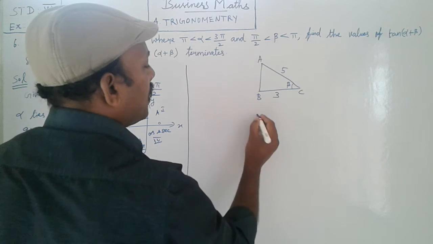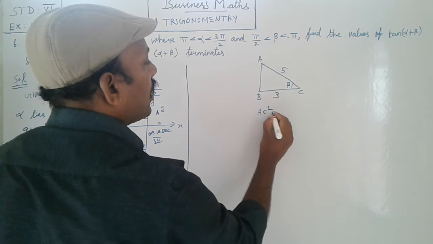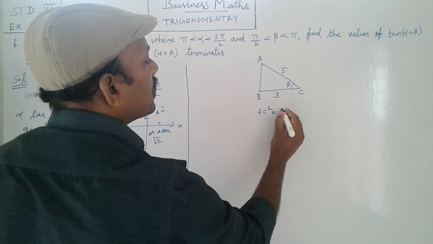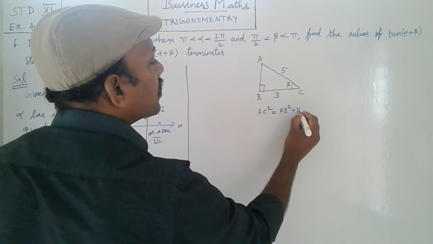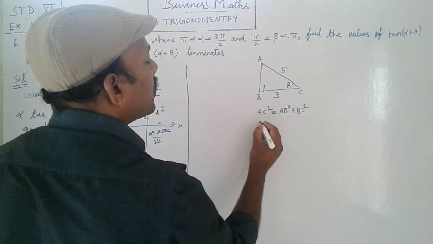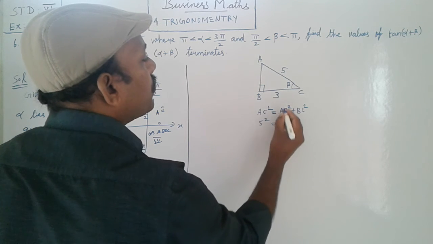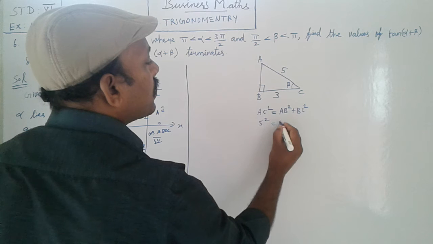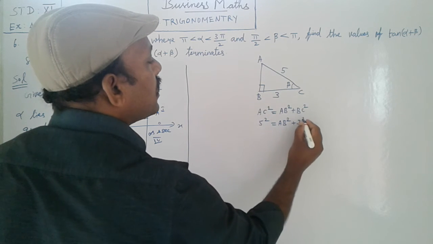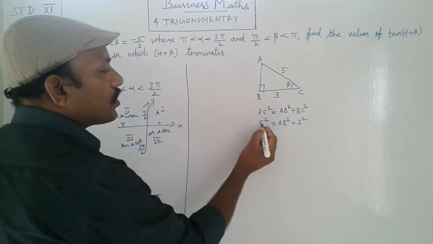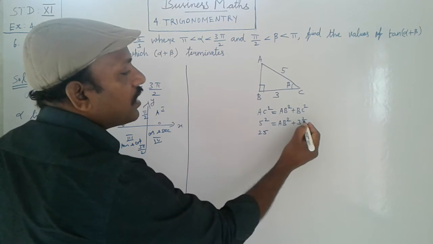AC square equals AB square plus BC square. So 5 square equals AB square plus 3 square. 5 square is 25, 3 square is 9.